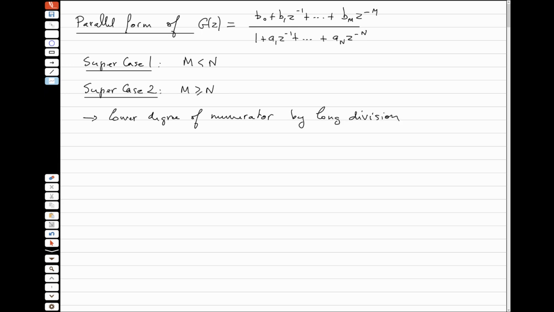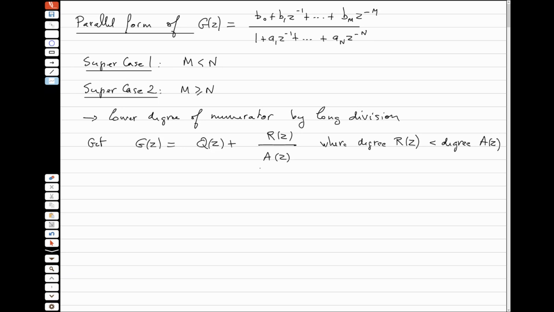and then what you get after the long division, you have this new expansion where the degree of r of z is less than the degree of a of z.